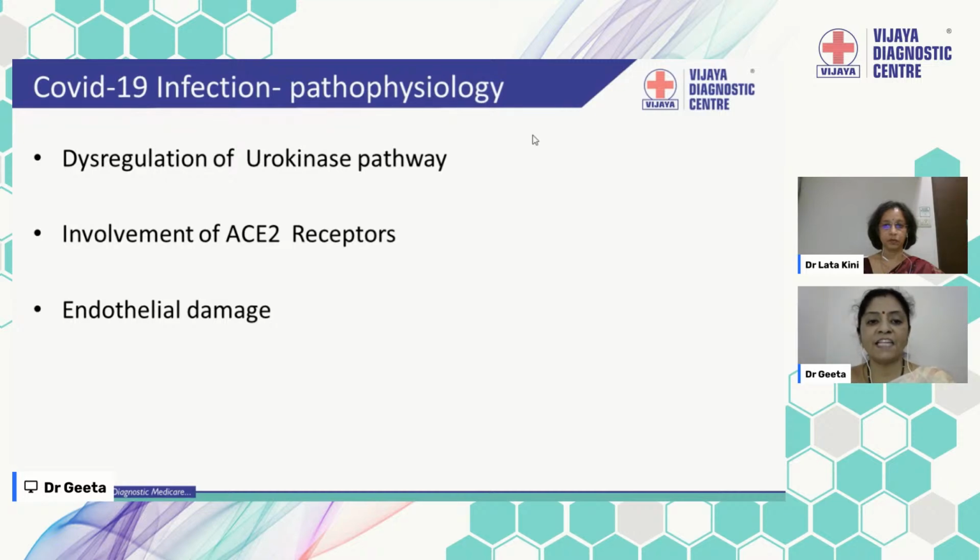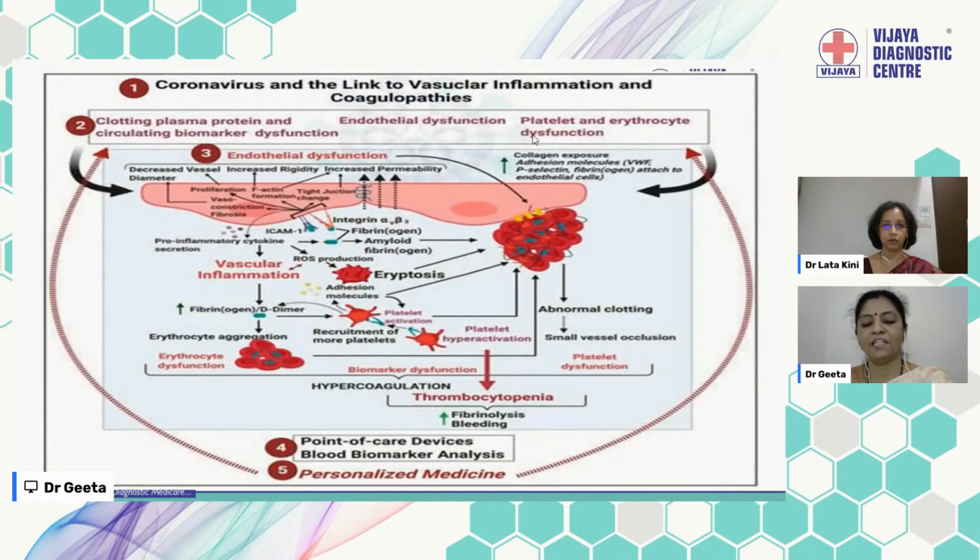Next is involvement of ACE2 receptors and endothelial damage. Let me try to explain this through a diagram. Initially, as we all know, the SARS-CoV-2 virus tries to attack the ACE2 receptors, that is angiotensin converting enzyme 2 receptors, which are mostly lining the lung, kidney, intestines, and the vasculature.